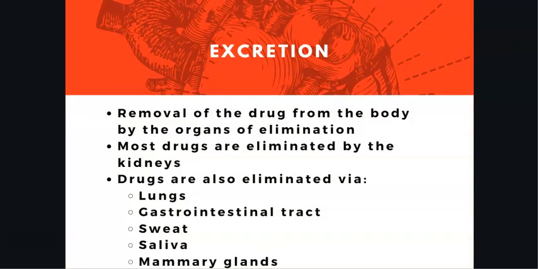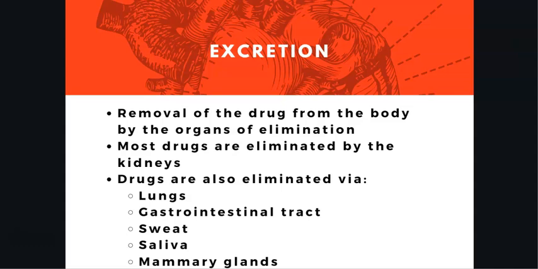So now we know how drugs are absorbed. How are drugs excreted? Renal elimination includes passive glomerular filtration. It is the removal of the drug from the body by the organs of elimination. Most drugs are eliminated by the kidneys.